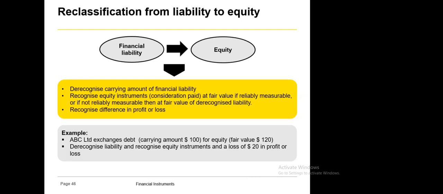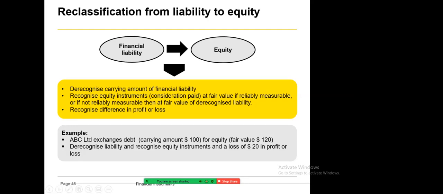Yes. So with respect to reclassification from liability to equity, you need to de-recognize the carrying amount of the financial liability. You need to recognize the equity instruments at fair value if it is reliably measurable, or if not reliably measurable, then you can recognize at the fair value of the de-recognized liability.